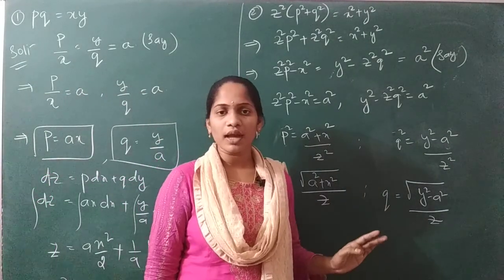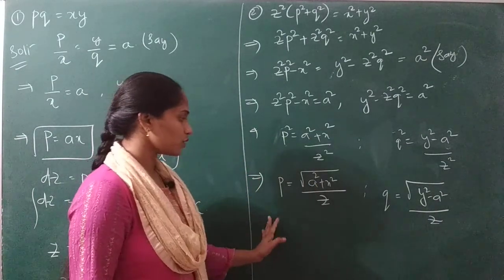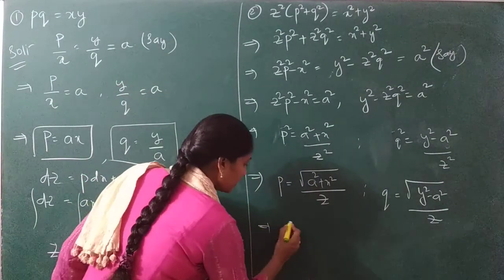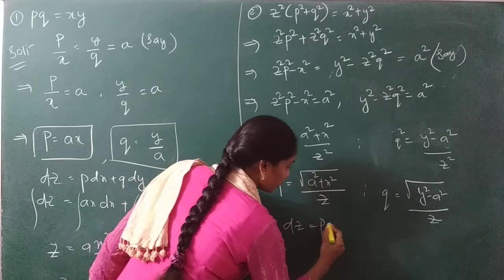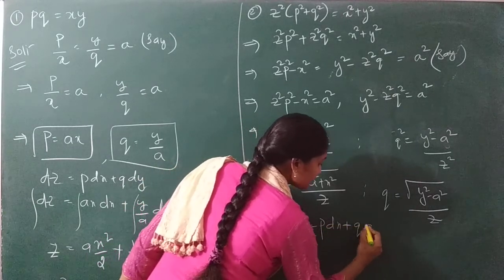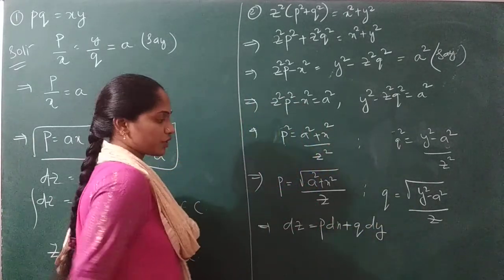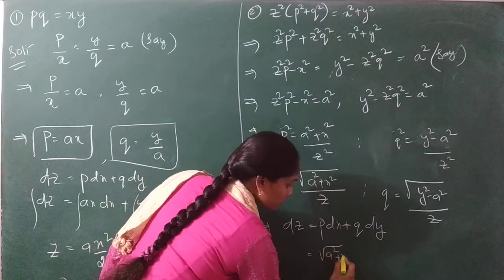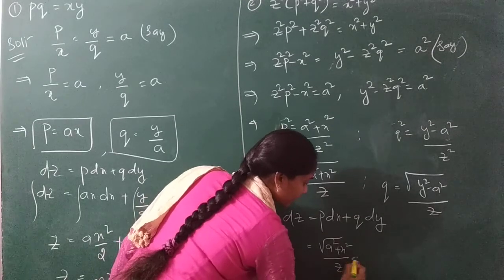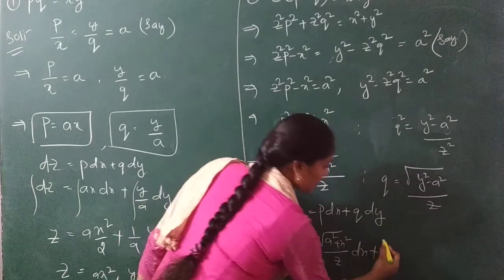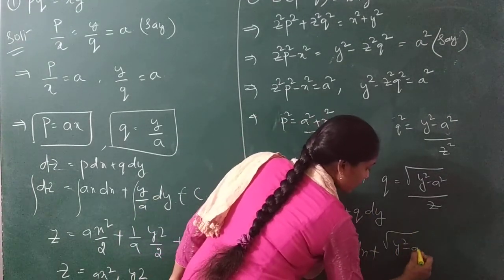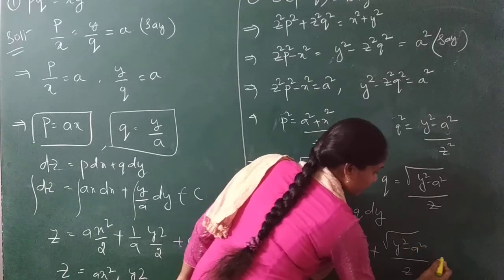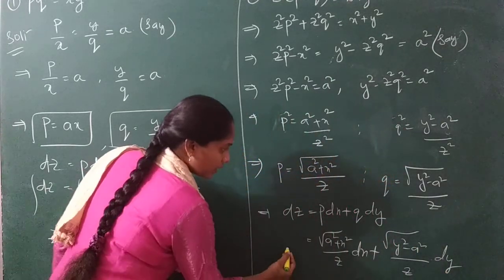Now next, what you have to do? You have to substitute these values in dz equals p dx plus q dy. Let's substitute here. What is p? Under root of a square plus x square by z into dx, plus under root of y square minus a square by z into dy.